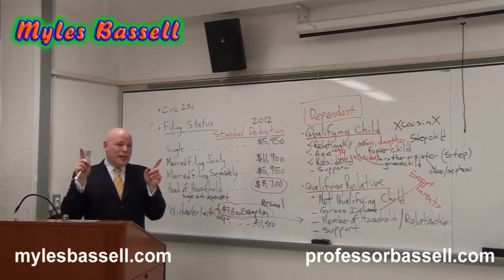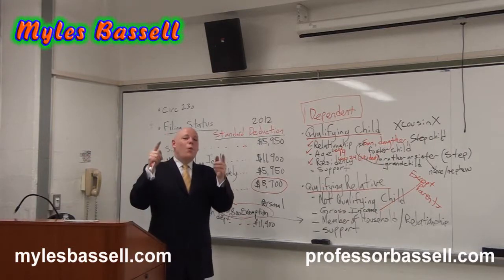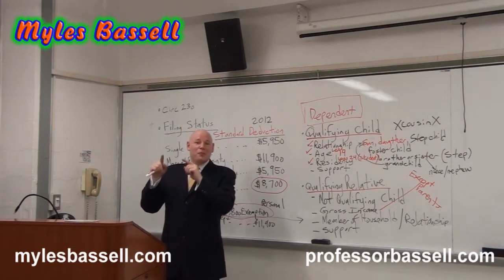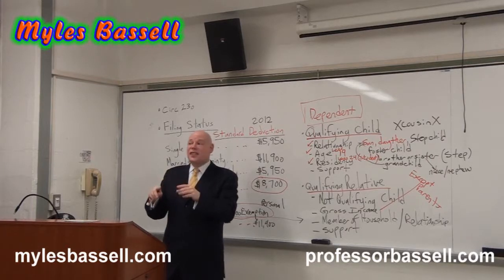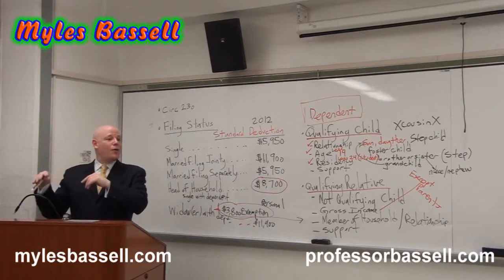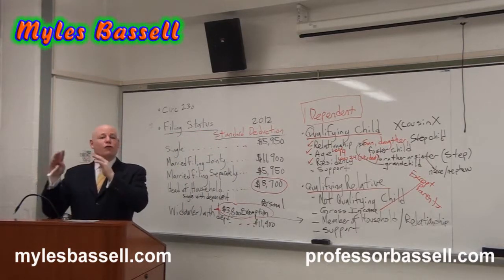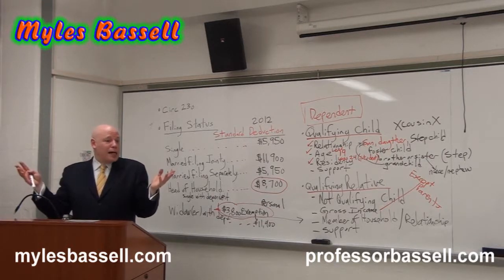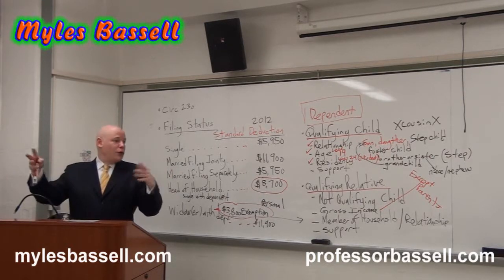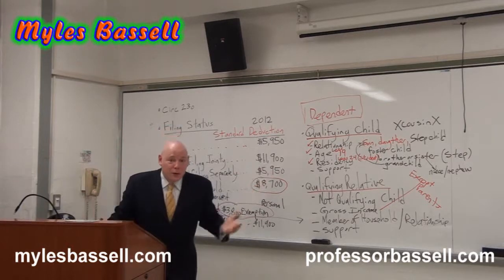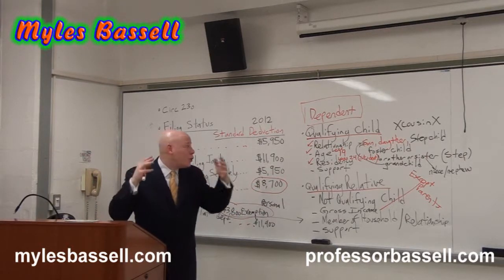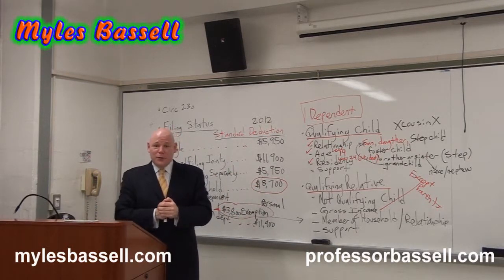Why that's interesting is because it doesn't say we provide more than half their support. It just says that they don't provide more than half of their own support. It doesn't say who provides it. It could be your professor who gives your qualifying child a scholarship.